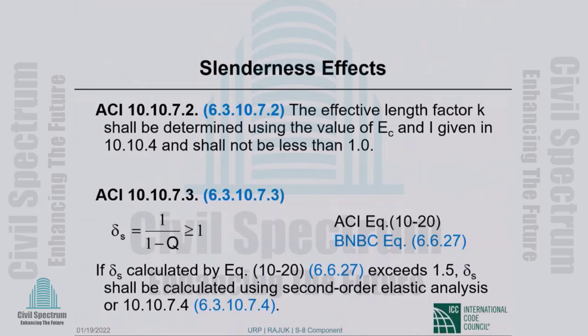It's the secondary to primary moment ratio. Delta sub s is 1 divided by 1 minus Q. Obviously, it cannot be any smaller than 1.